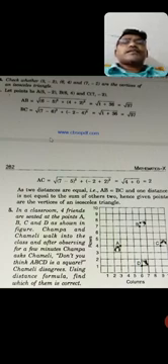That we substitute again in the distance formula, square root of x2 minus x1 whole square plus y2 minus y1 whole square. Minus 2 minus of minus 2 is plus 2, equal to square root of 7 minus 5 is 2, square equal to 4, plus minus 2 plus 2 is 0, square is 0 only. So 4 plus 0 is square root of 4, square root of 4 equal to 2.